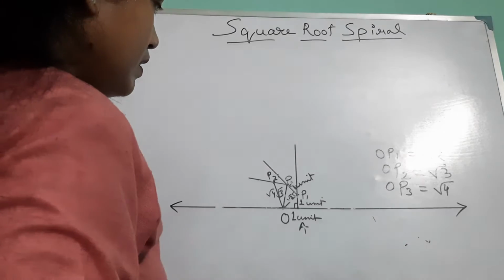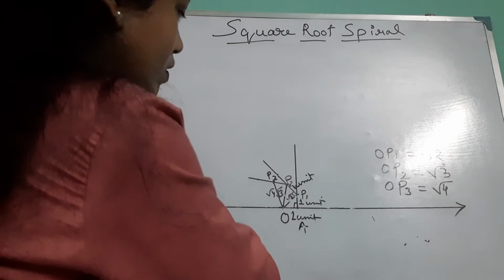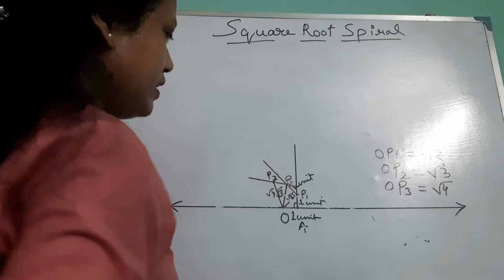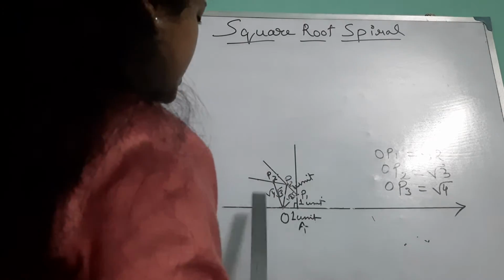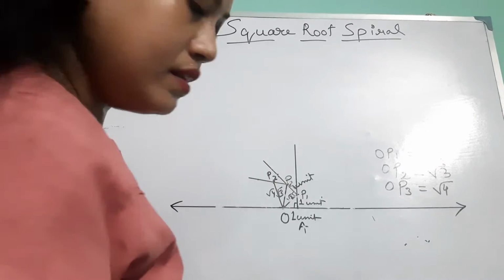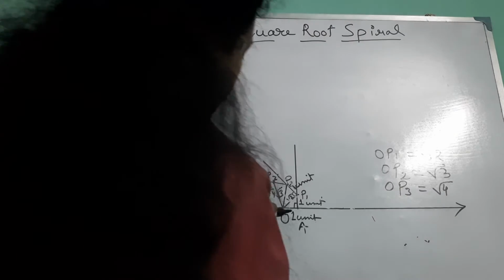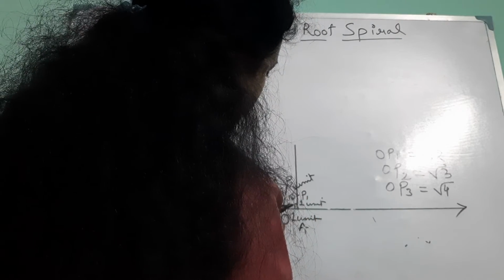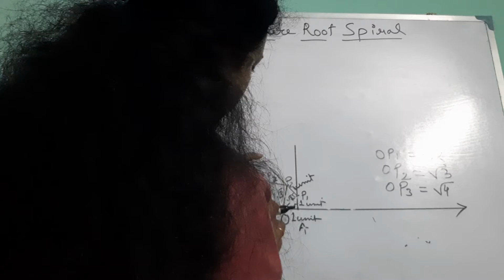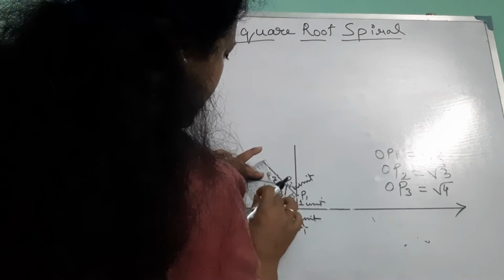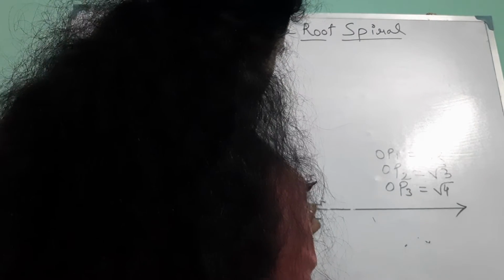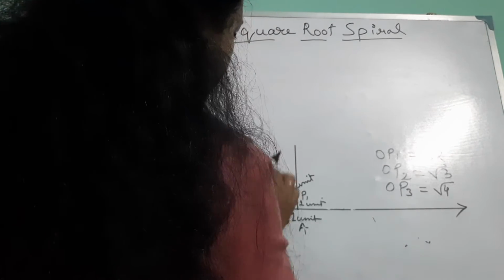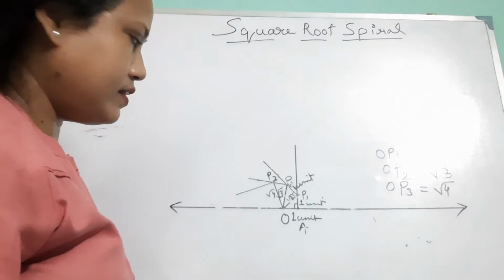Similarly again on this base OP3 you have to draw the 90-degree angle, and then join it, and take 1 unit length here.